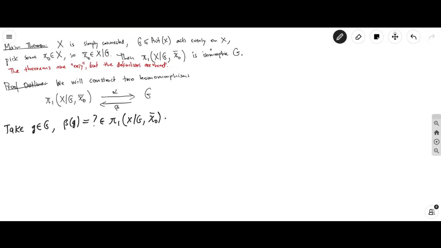Okay, so here's how we do this. G is an automorphism. So it's a homeomorphism of X into itself.